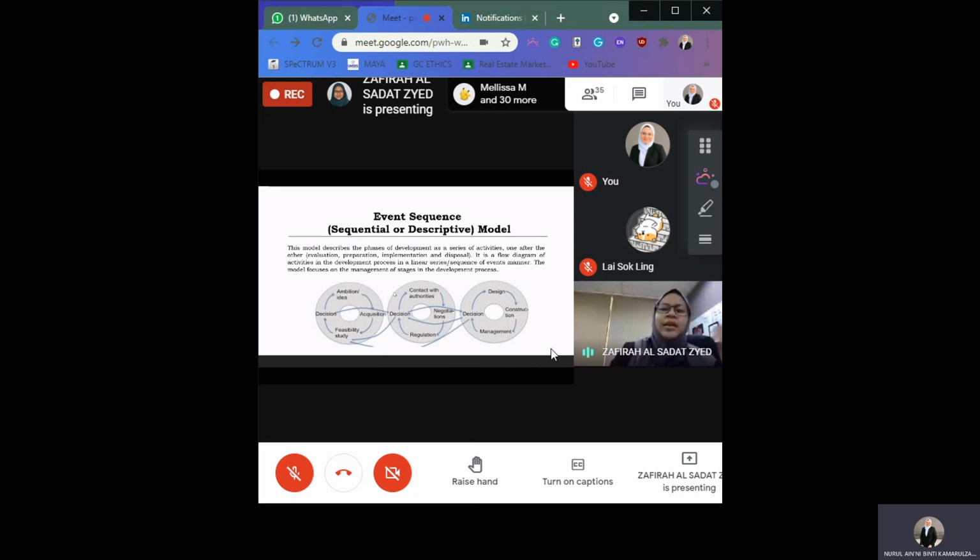So it is a flow diagram of activities in the development process in a linear series. Linear means going straightforward, in an event-by-event manner. The model focuses on the management of those stages in the development process. So basically, it's a linear process, but there are activities in that linear process.